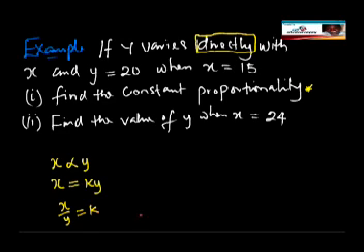That is what we are having from our formula, and we can get solution 1 using this formula. It says find the constant of proportionality when y is 20 and x is 15. So I have 15 over 20 is equal to k. That is the constant of proportionality.